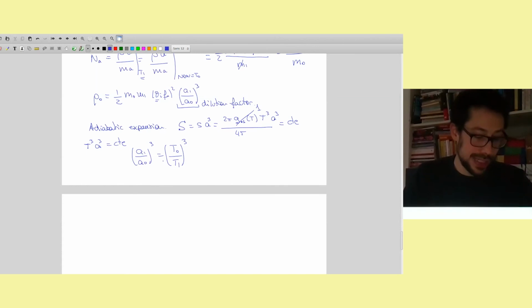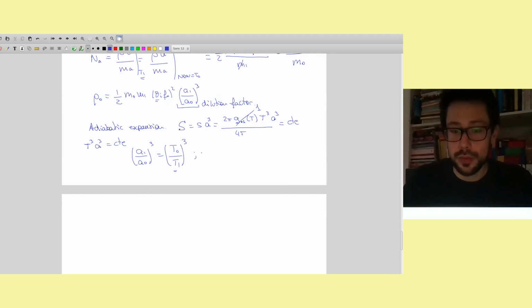And therefore this dilution factor, now we have it in terms of the temperature of the CMB today, T0, and the temperature of the universe at the moment in which the axion started to oscillate, T1. But now, how do I compute T1?